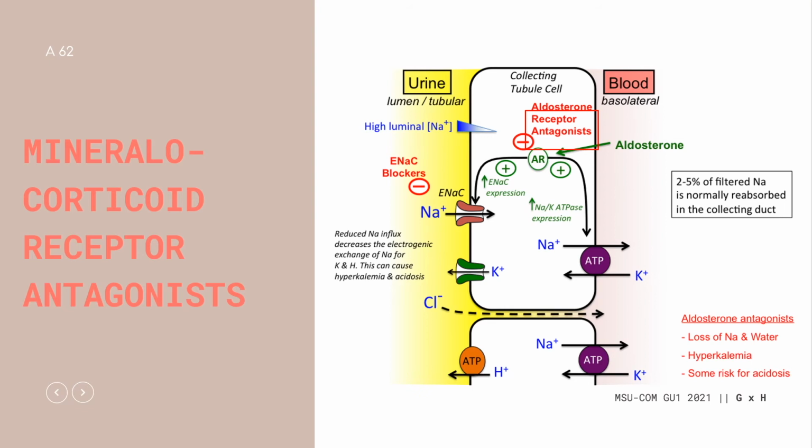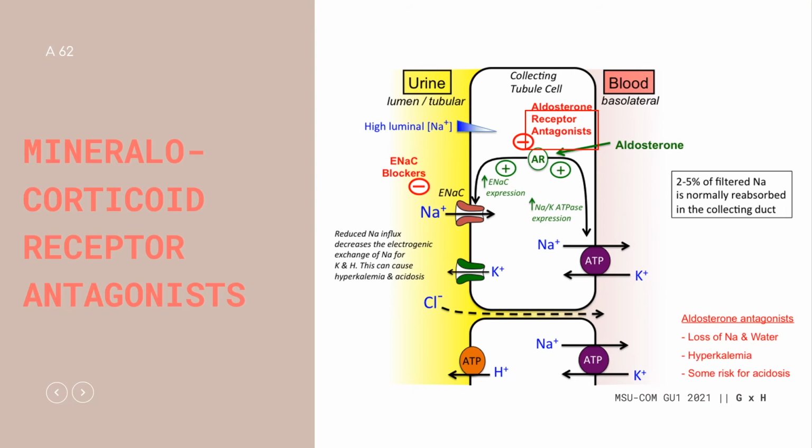Increased expression of this channel would mean increased sodium influx from the lumen to the cell, therefore facilitating sodium reabsorption. Aldosterone receptor would also cause an increased expression in the sodium-potassium ATPase pump, which is located in the basolateral side of the cell. This facilitates further sodium reabsorption from the cell to the interstitium in exchange for excretion of potassium the other way around.